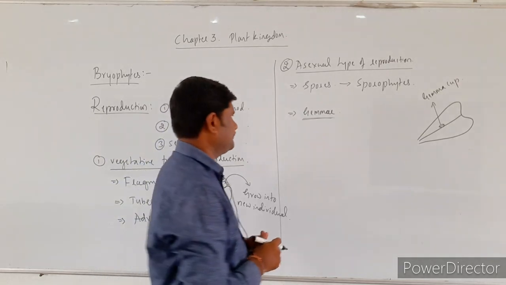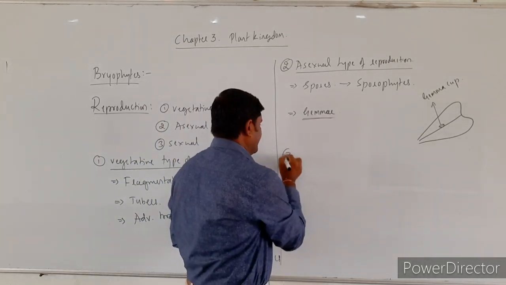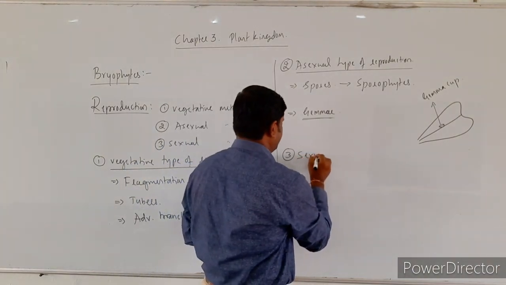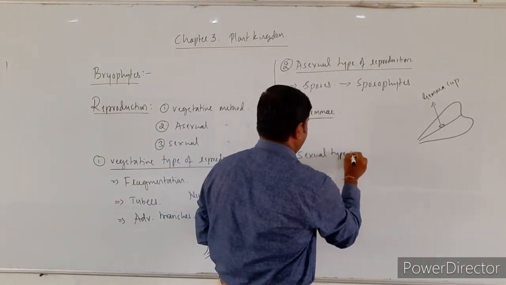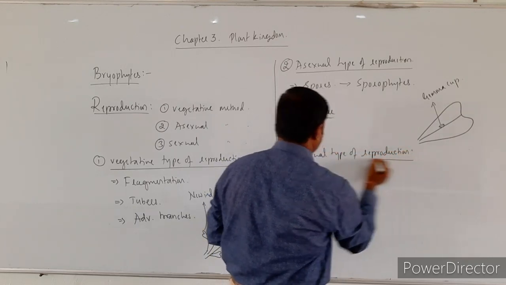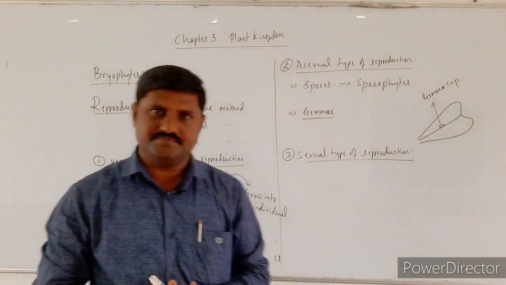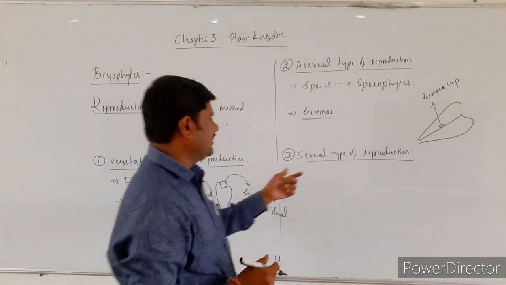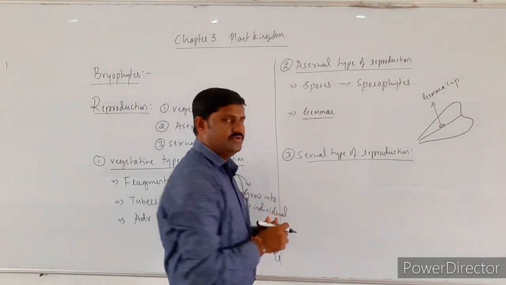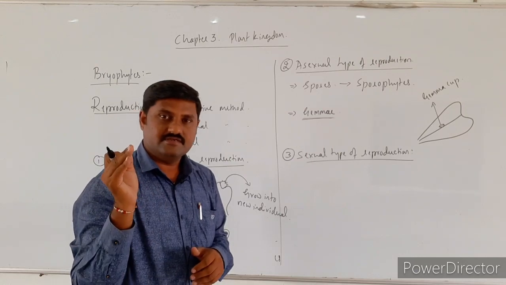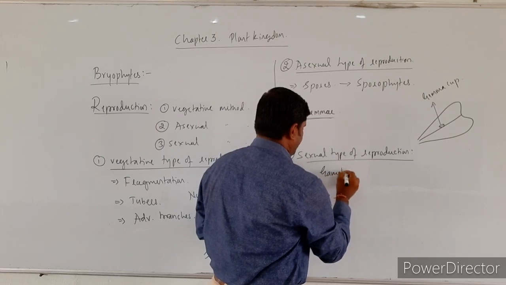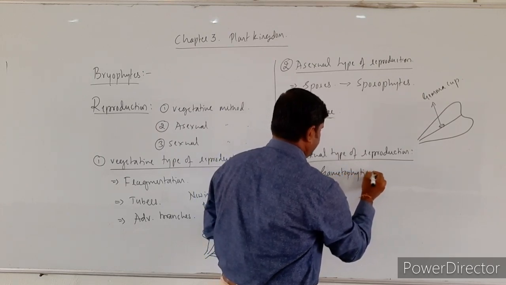Gamete formation, and ultimately a very important one, that is sexual reproduction. How does sexual reproduction occur is the question. As you know, here we come across one generation, that is the gametophytic generation, the gametophytic plant.